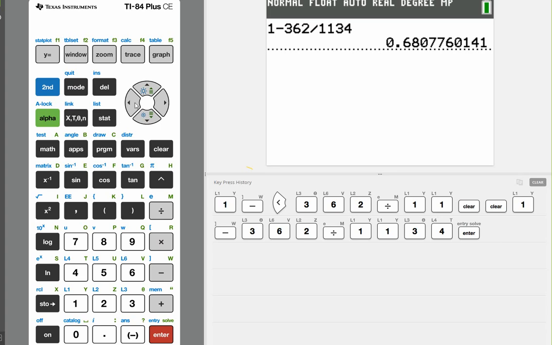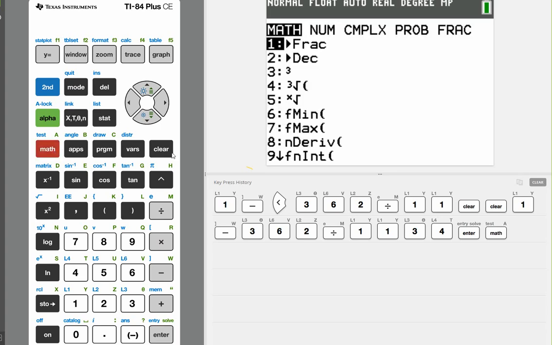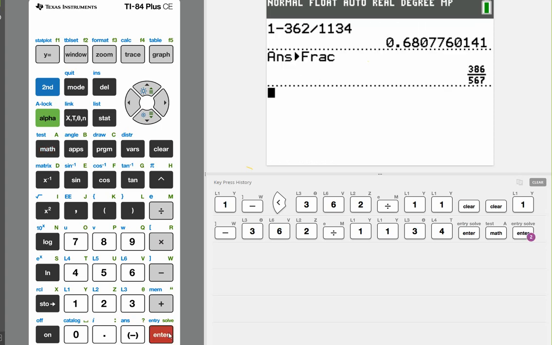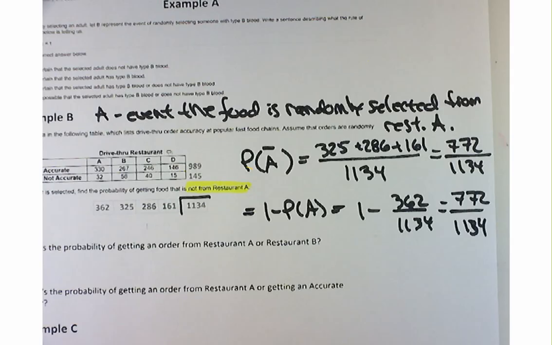Sometimes I'll take decimal values. More often than not, I'm happiest with fractions. If you hit the math key and then press enter twice, it'll turn that into a fraction. And as a bonus, it also puts it in lowest terms. So great. I don't care if it's in lowest terms or not. I want to make sure you've got the right answer.